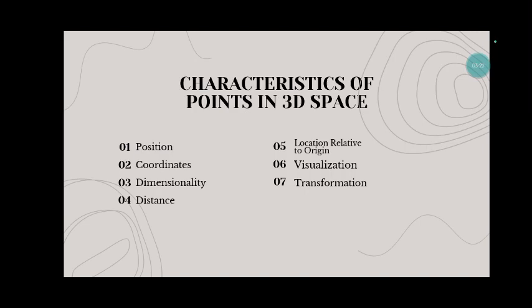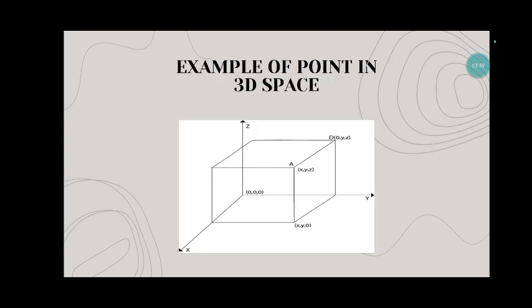And understanding these characteristics is essential for accurately representing and manipulating points in 3D space, enabling various applications in fields such as computer graphics, engineering, physics, and more. So, example of point in 3D space in this picture. In this picture is an example of vector in 3D space.